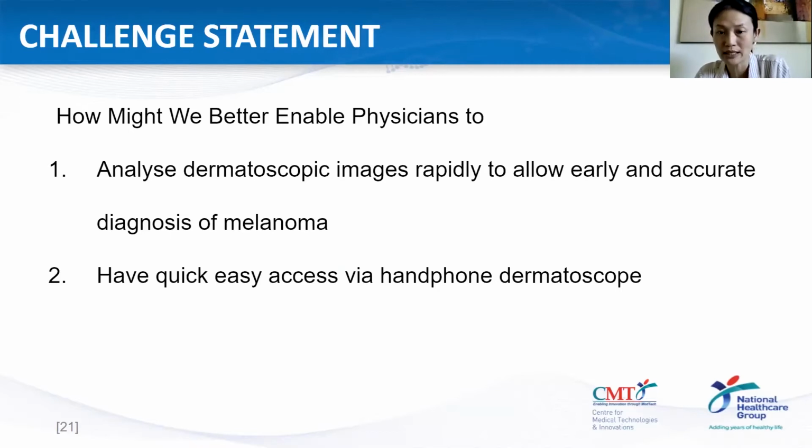So what we want to do in the second part of our project is actually to make an attachable dermatoscope onto a handphone so that you can easily just take a picture with the handphone, use the app to access our AI algorithm, and then within seconds you should know whether you're dealing with a cancer or non-cancer, and that could lead to an early pickup rate.